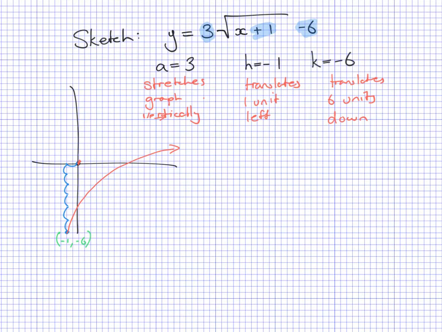So the next step then is to calculate the points. Here's the function. We need to know this y-intercept and this x-intercept. So let's go for it. To find the y-intercept, we set the x value to 0. So 3 root 0 plus 1, minus 6, which is 3 root 1 minus 6, which is equal to 3 minus 6, which is equal to -3.